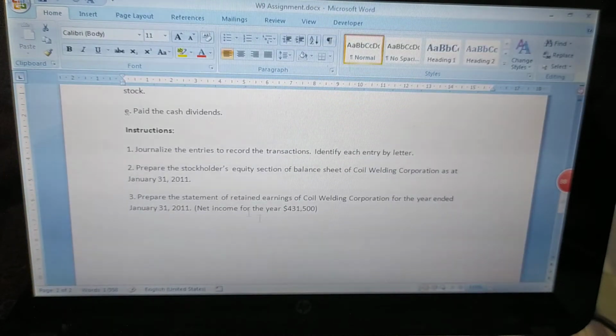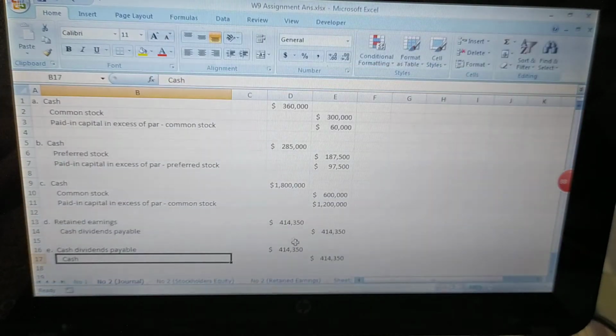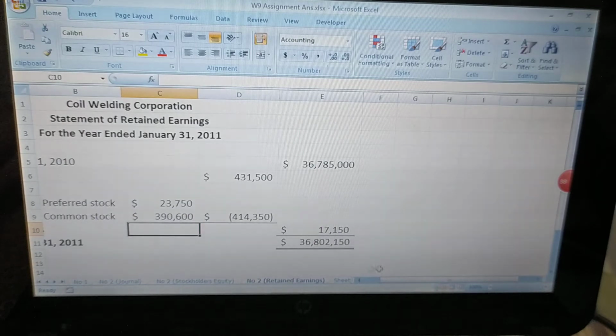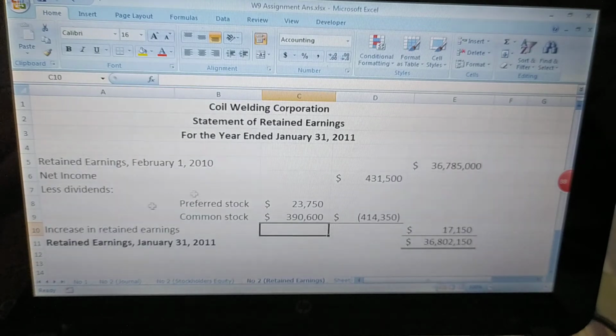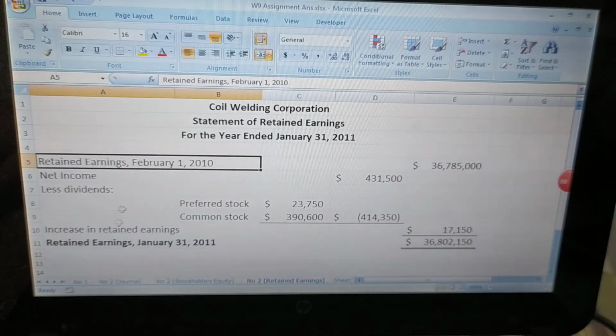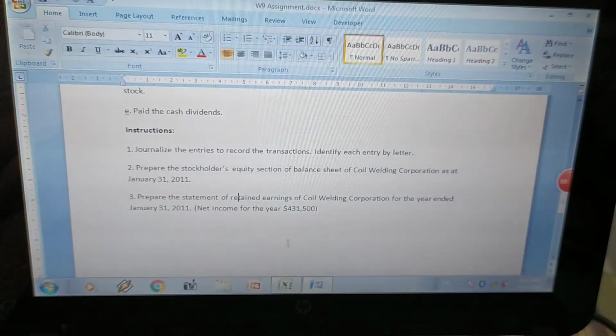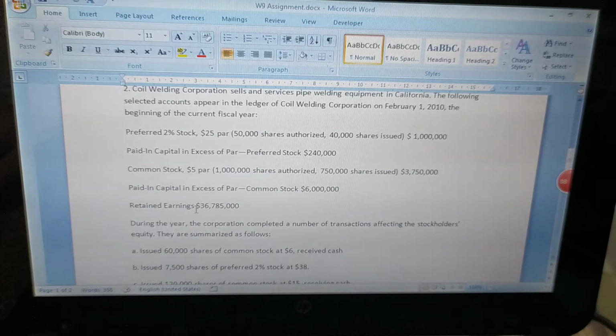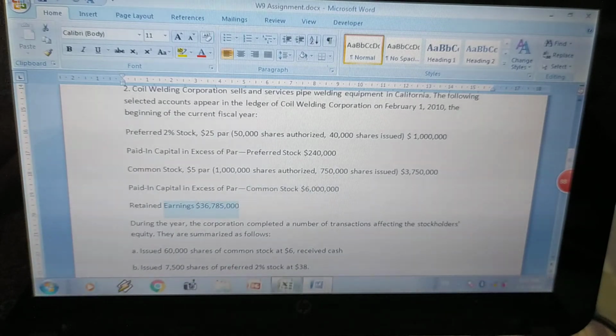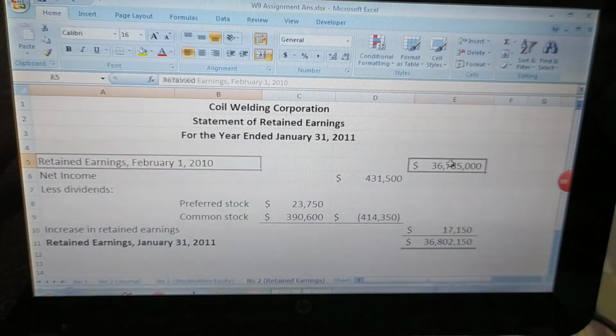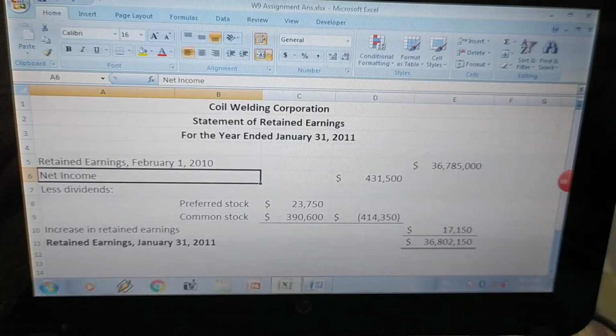For the second instruction, we prepare the stockholders' equity section of the balance sheet. In order to prepare this, we need first to prepare the statement of retained earnings. So we make the statement of retained earnings. We take the beginning retained earnings first from the question, which is $36,785,000, and then plus the net income.